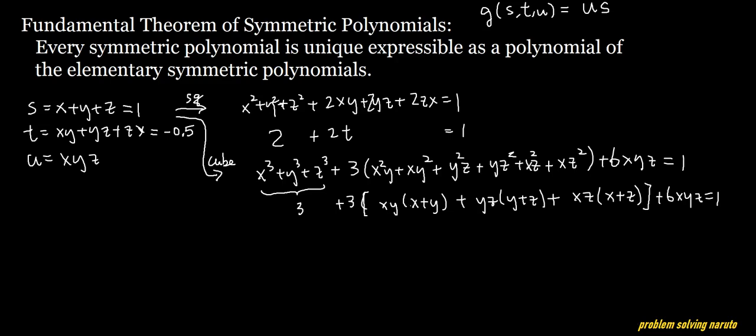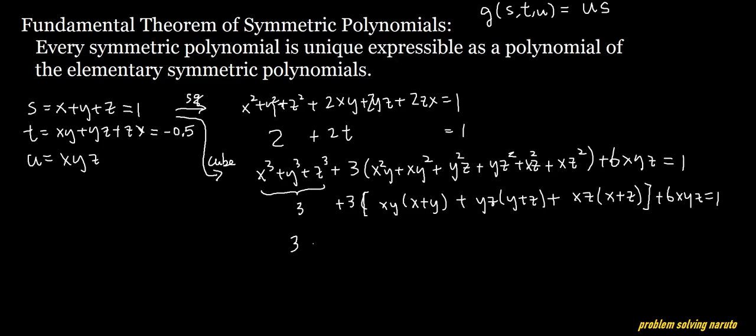So if you plug in 1 minus z here, 1 minus x, 1 minus y, it turns out we will get a t, this expression, and we will get minus 3u, and that is great.